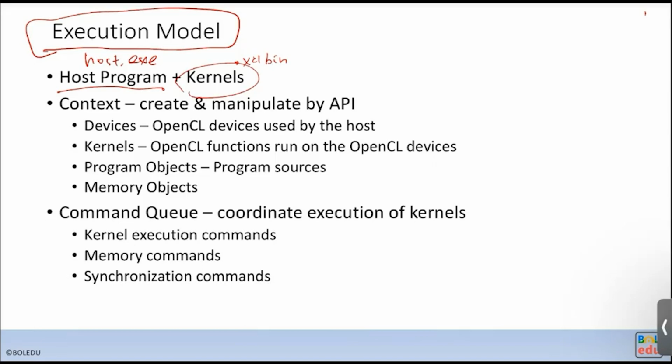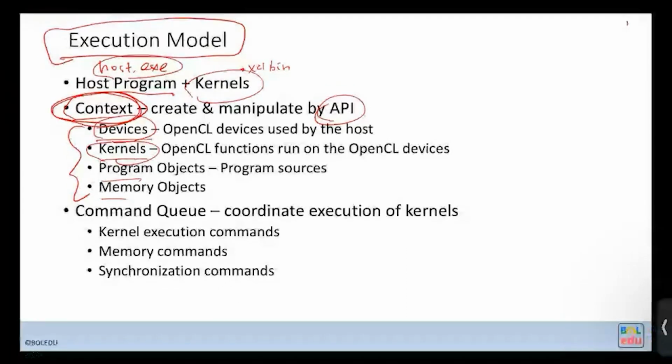Okay, and go inside that to look at the host program. First you have to set up a context. Okay, a context is a collection of the following objects. Okay, and you use the API to manipulate those objects, including the device, the FPGA chip you use, and the kernel function inside the FPGA chip.